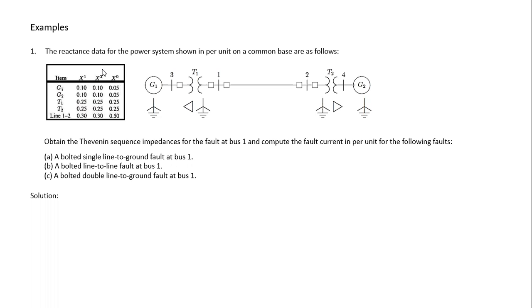These are the given positive, negative, and zero sequence impedances for generators 1 and 2, for transformers 1 and 2, and for lines 1 and 2. Obtain the Thevenin sequence impedances for the fault at bus 1 and compute the fault current in per unit for the following faults.